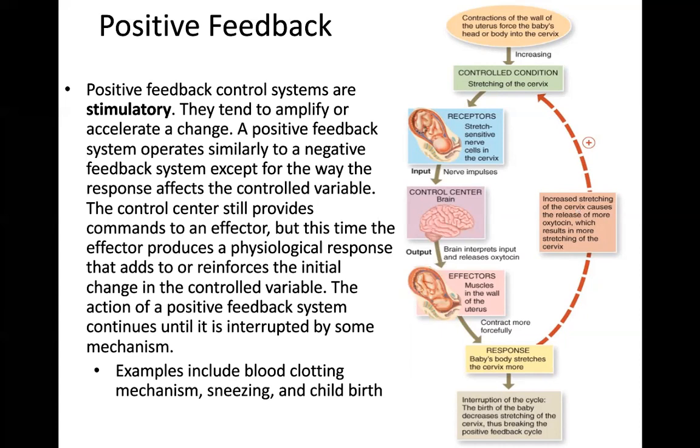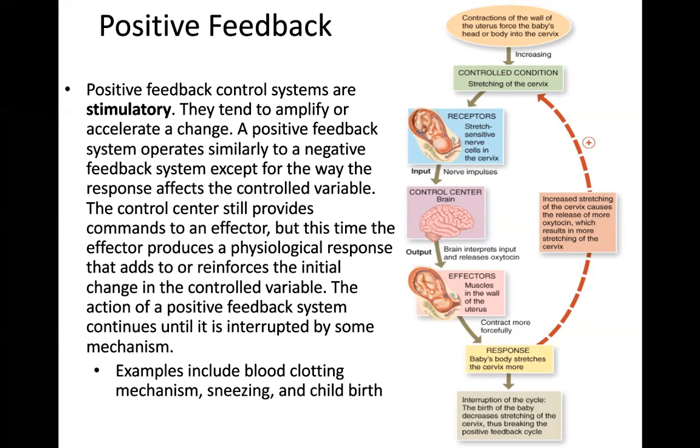When a female is getting ready to give birth to a baby, she starts having contractions, and the contractions start speeding up. And what happens to the strength of the contractions? They get stronger. Okay. That's because her cervix is stretching more and more as the baby's pushing down through the uterus and out into the vagina.